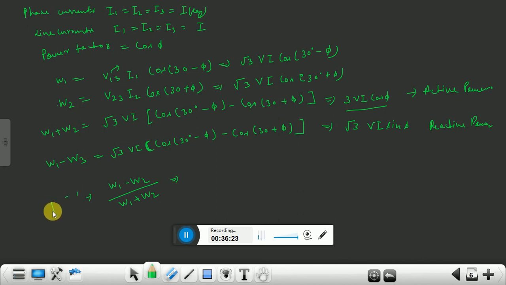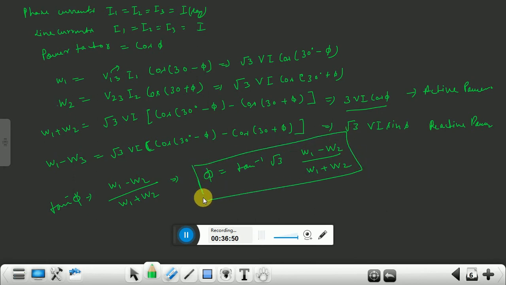So in this case, suppose we calculate the phi. So phi is the tan inverse under root 3 W1 minus W2 divided by W1 plus W2. So this is your formula for phi.